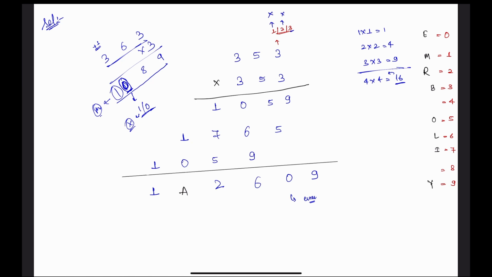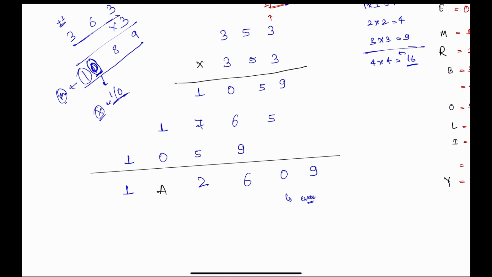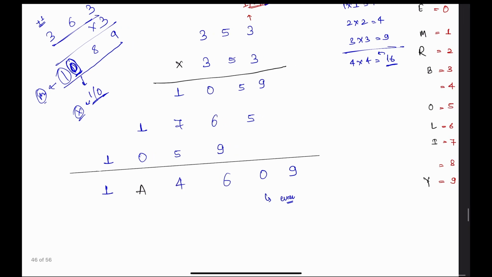Wait, did I make some mistake? Oh, mistake. 7 plus 5 is 12, 13, 14. So it will be 4 now.